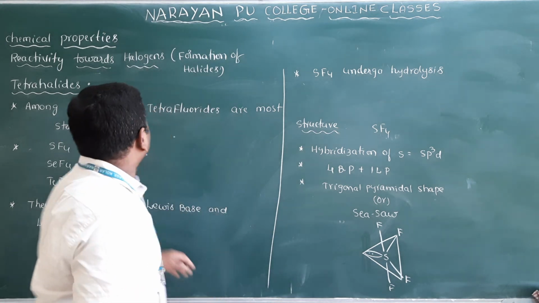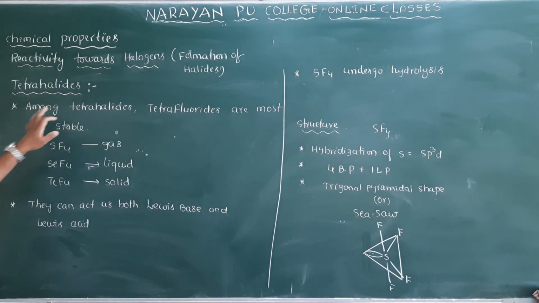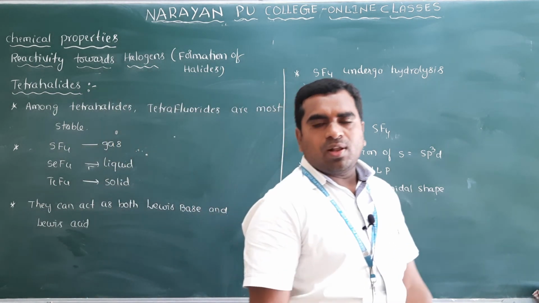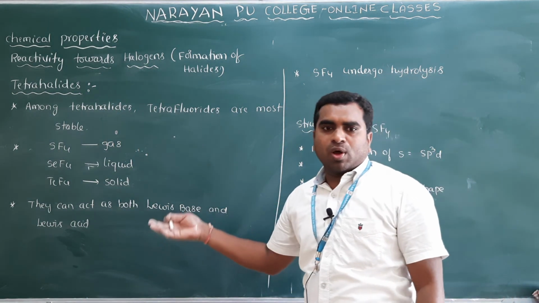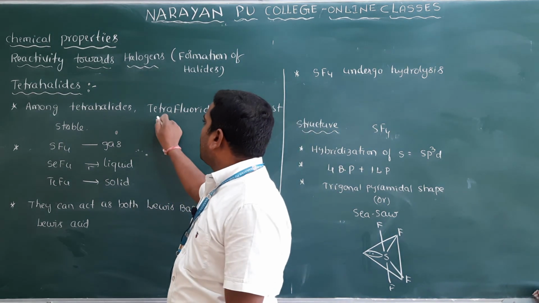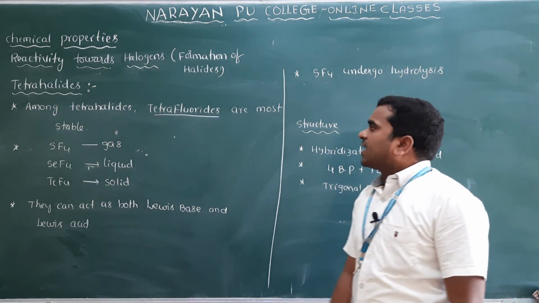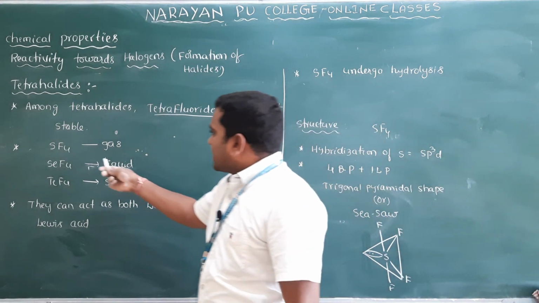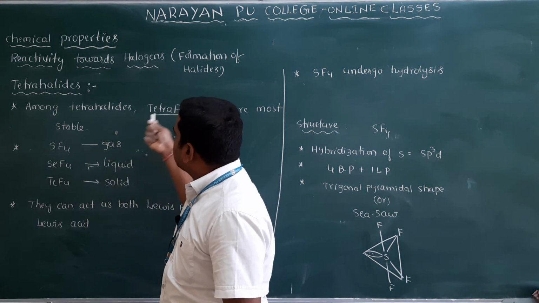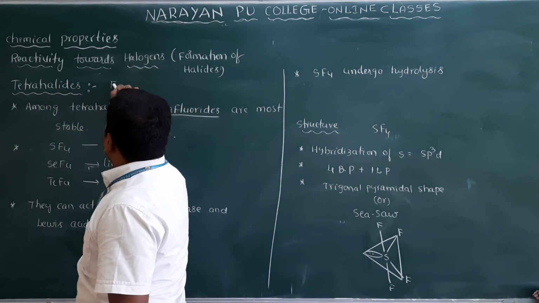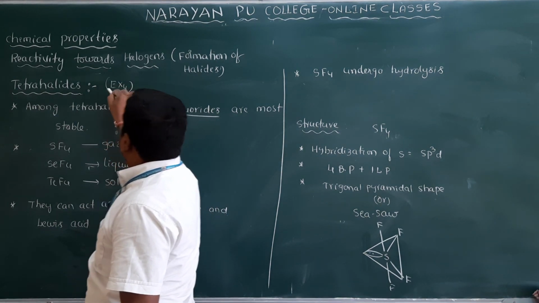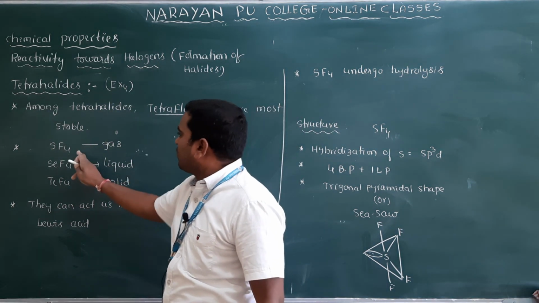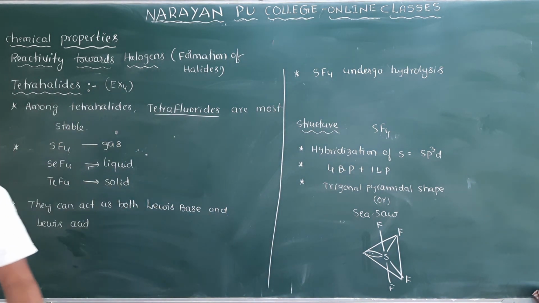Among the tetrahalides, the tetrafluorides are most stable compared to the tetrachlorides and tetraiodides. So for tetrahalides I take EX4, where E is sulfur and X is only fluorine, because fluorides are most stable.